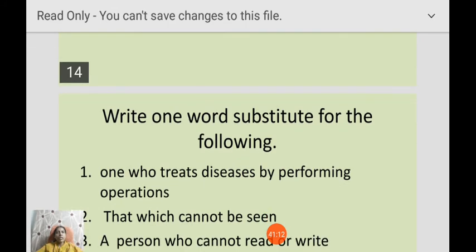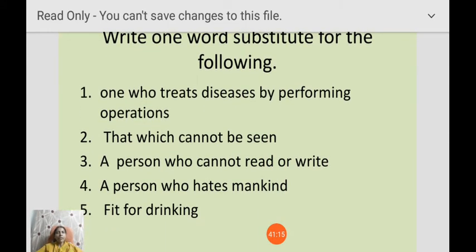Now, write one word substitutes for the following.